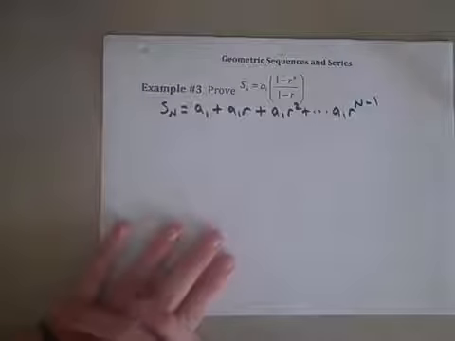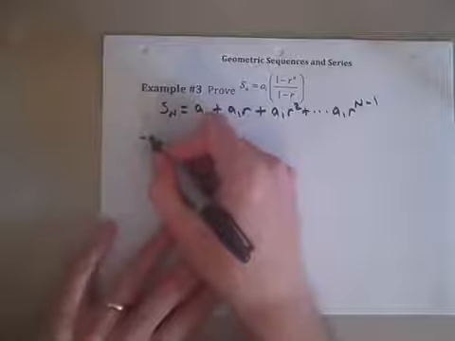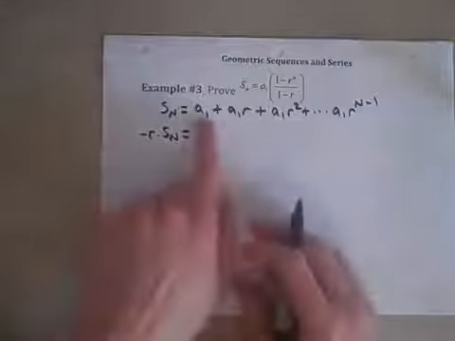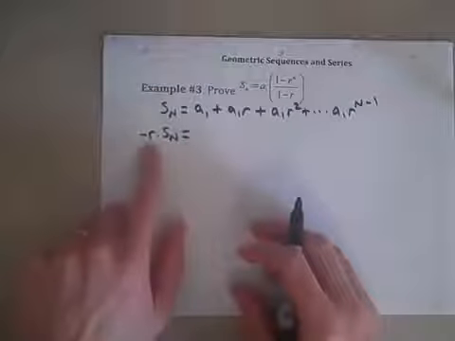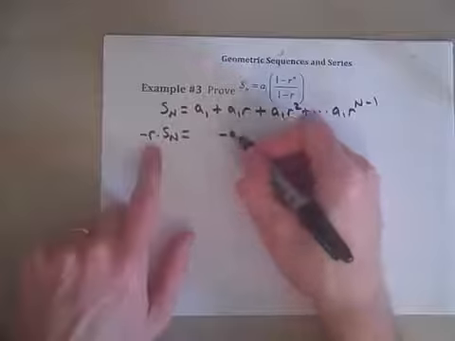And then we have to do a little manipulation here. If we were to say now, okay, well, let's write -r times the sum. For example, take this first term and multiply it by -r. Well, if we do that, I think you're going to see that we're going to get this.